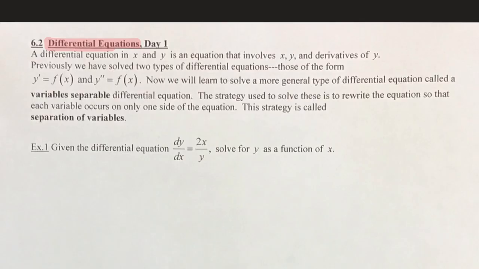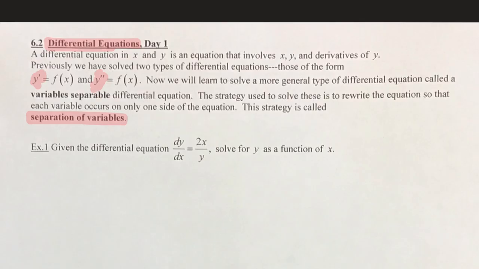Let's see. We have y prime, and we have y double prime, so we've been taking derivatives all over the place. So what we're going to do is use this process called separation of variables, a strategy that you use to get your dependent variables on one side and your independent variables on the other side.